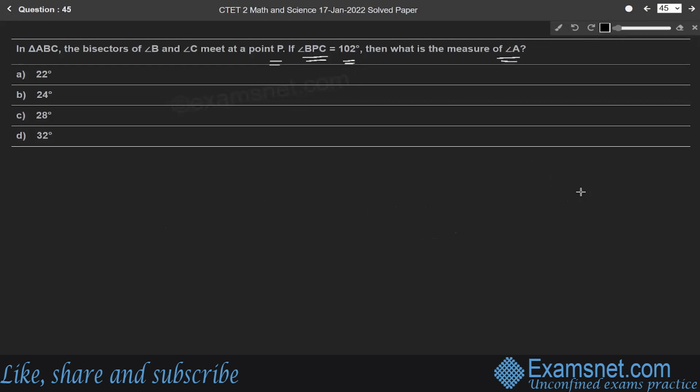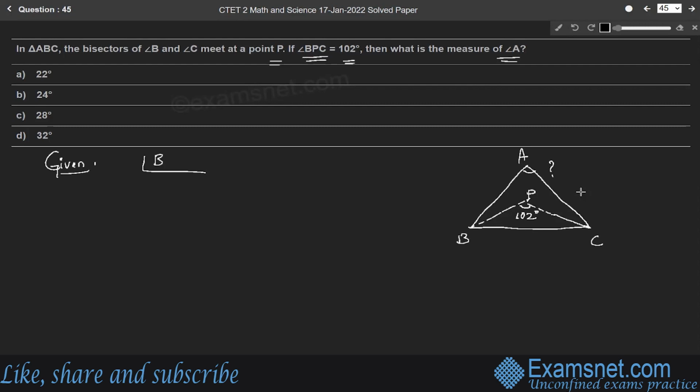Consider a triangle ABC in which the bisectors of angle B and angle C meet at P, so that angle BPC is 102 degrees. You have to find angle A, right? So given that angle BPC is 102 degrees.